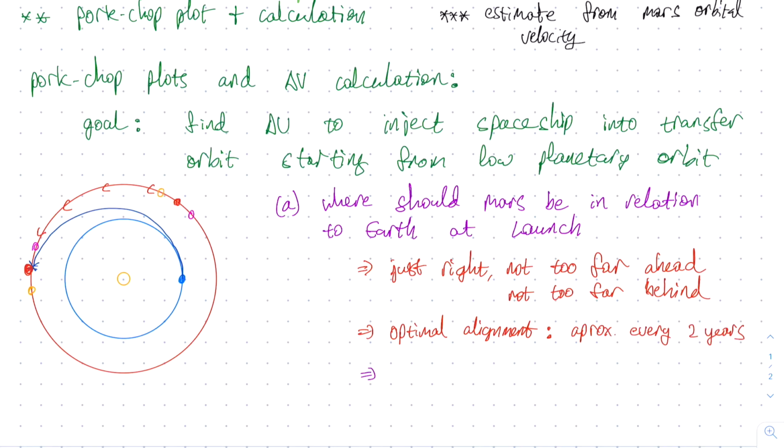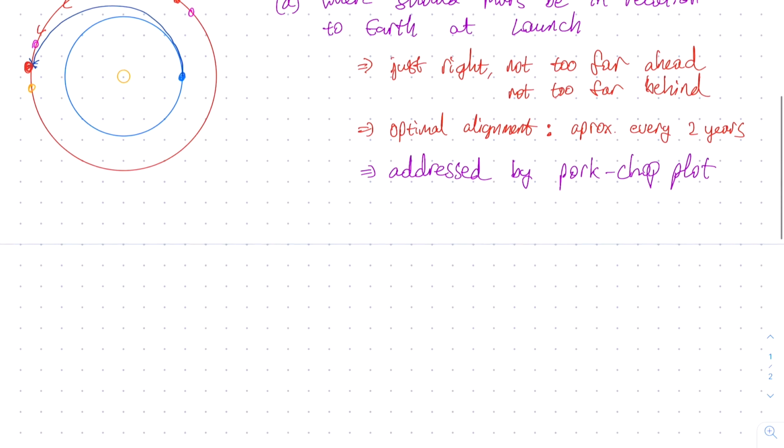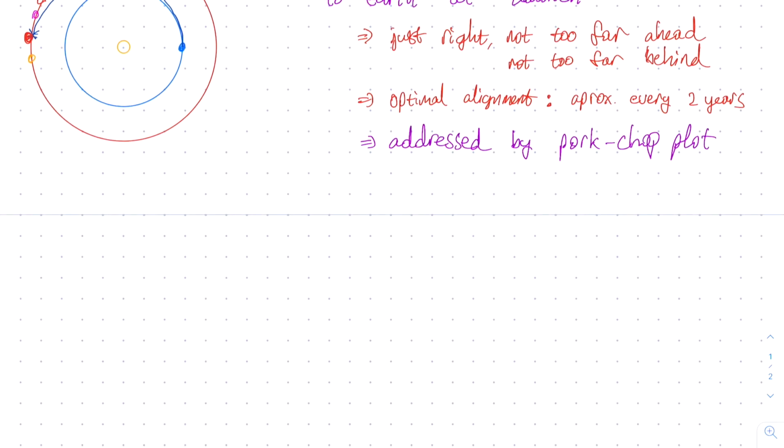The pork chop plot is a tool that helps us decide when the optimal alignment between Mars and Earth occurs, and therefore it helps us decide when to launch our mission and how much delta V we are going to require. So let's go ahead and schematically take a look at what a pork chop plot does, and then we are going to go to a website which generates pork chop plots for us.